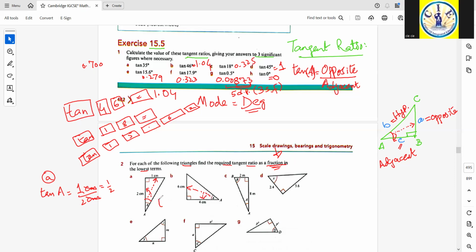So we would write tangent of A is equal to 6 divided by 4. Now I'm not writing centimeters with them since from part A, it is clear that the units are the same, so these can be cancelled. So at the moment, I'm just simplifying this fraction.